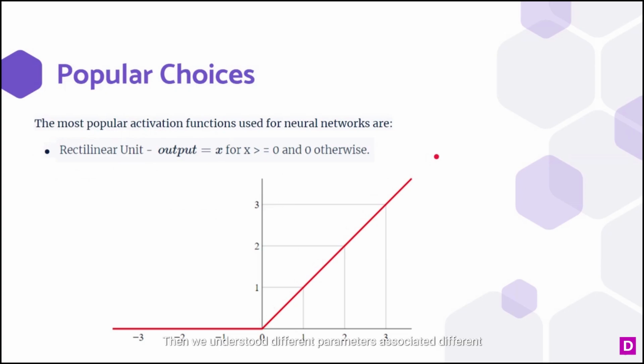Then we understood different parameters, topologies, and hyperparameters, and finally we ended up with activation functions as well. By this module, we should have got an idea about what an artificial neural network looks like, and how to approach building one.